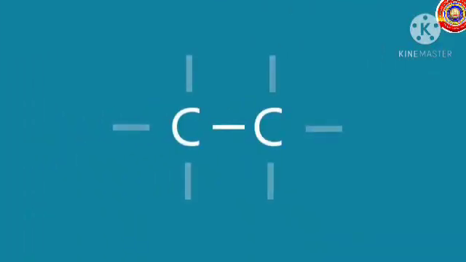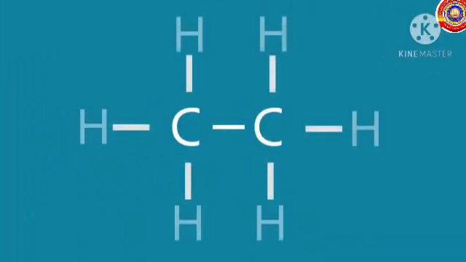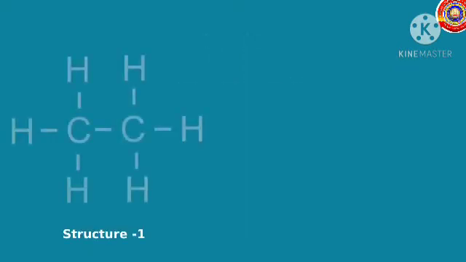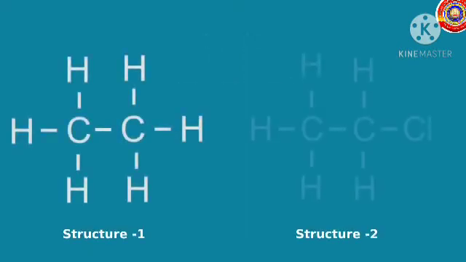The structure of an alkane is given. What is the name of this compound? Yes, ethane, isn't it? In this hydrocarbon, carbon and hydrogen are the only elements present in it. Am I right? Now examine the structure of another compound. Observe the structure closely.